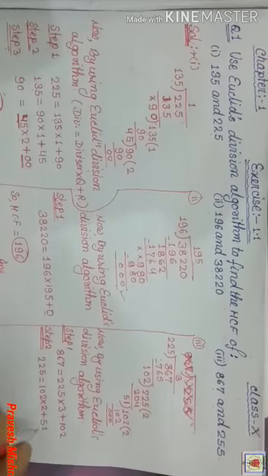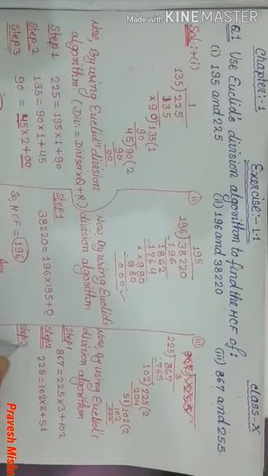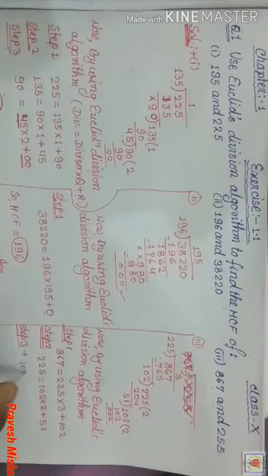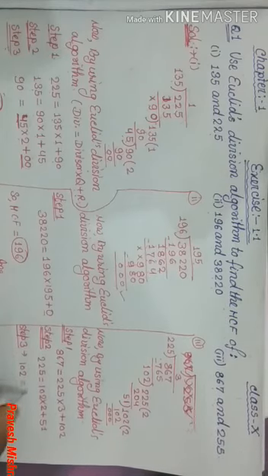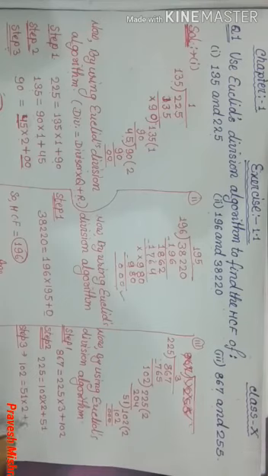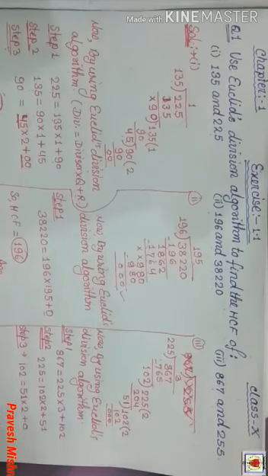And the last step is step 3. Step 3: 102 is the dividend, 51 is the divisor, the quotient is 2 and the remainder is 0.